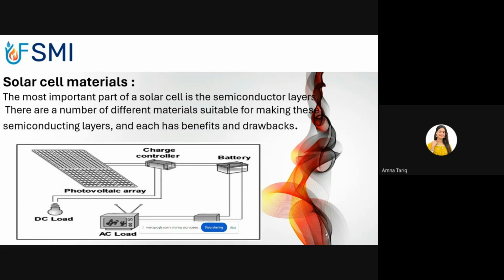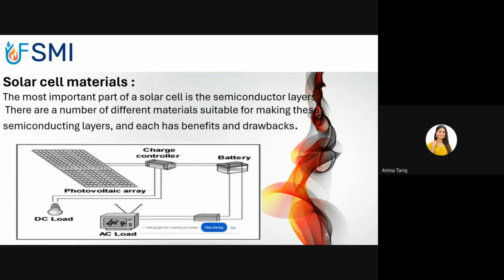In addition to the semiconducting materials, a solar cell consists of a top metallic grid or other electrical contact to collect electrons from the semiconductor and transfer them to the external world, and a back contact layer to complete the circuit.